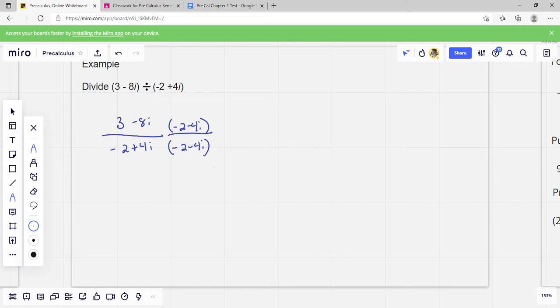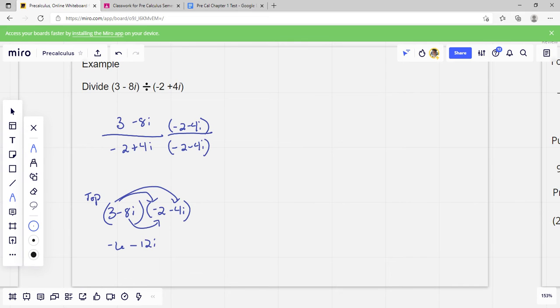All right, so now we're going to multiply these. So first I'll do my top. So I've got 3 minus 8i times negative 2 minus 4i. And I'm going to do 3 times negative 2 would be negative 6. And then 3 times negative 4i would be negative 12i. Then I'm going to multiply here.